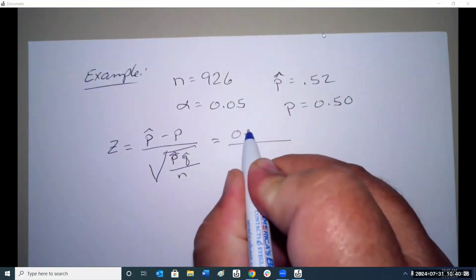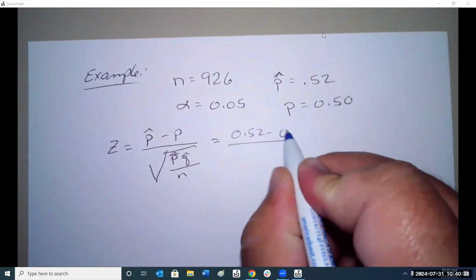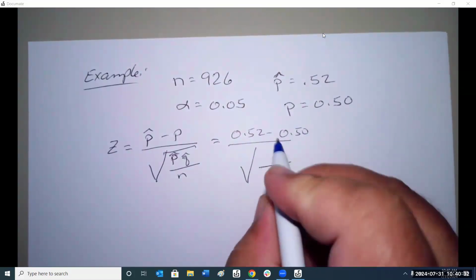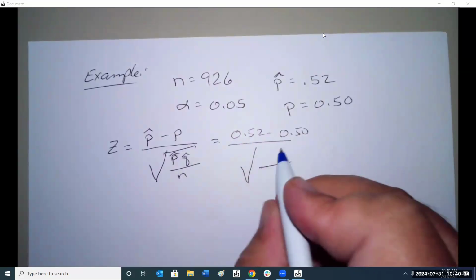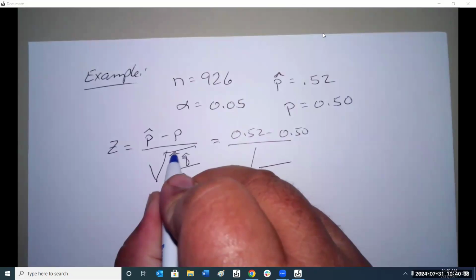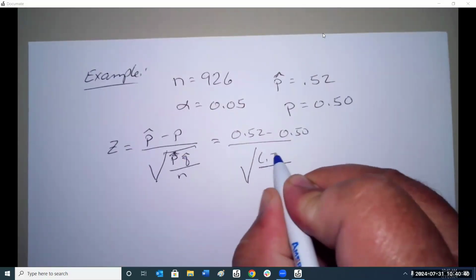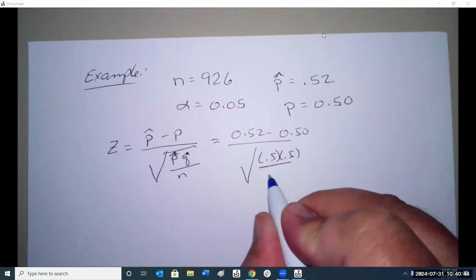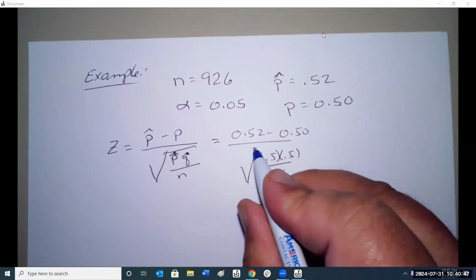We have 0.52 minus 0.50. The 0.52 is the sample; this is the population. On the bottom it's 0.5 times 0.5, the population, over 926.